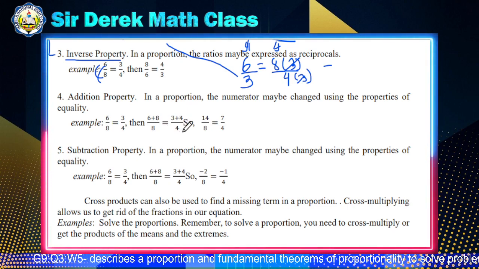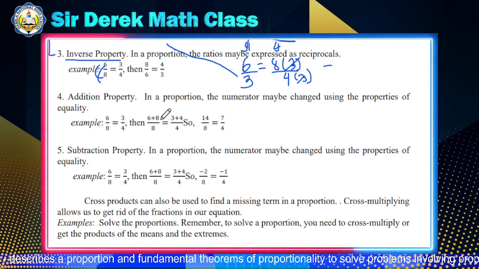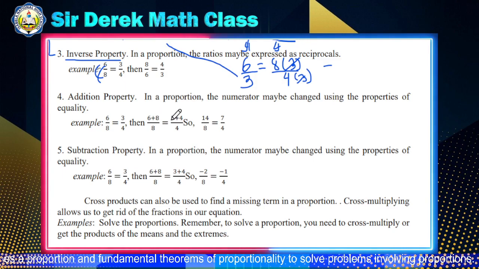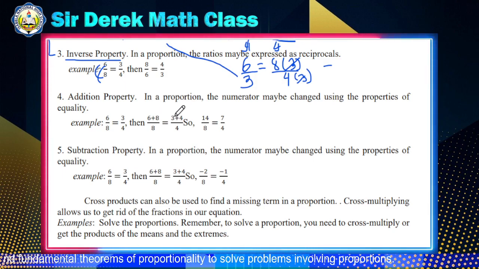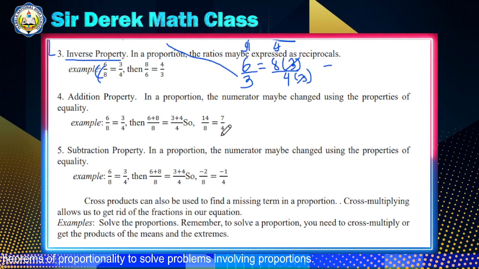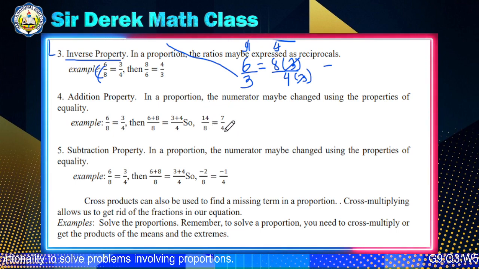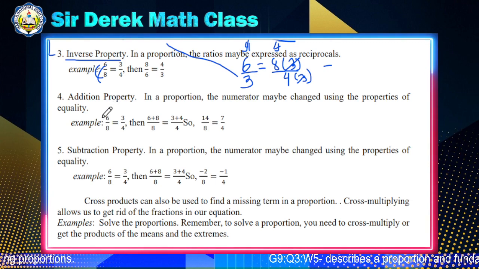What did you observe here? Okay, if we add the denominator to the numerator, and you also do the same pattern in the second ratio, then that will form another proportion, which is also equivalent to the original ratio. Okay?